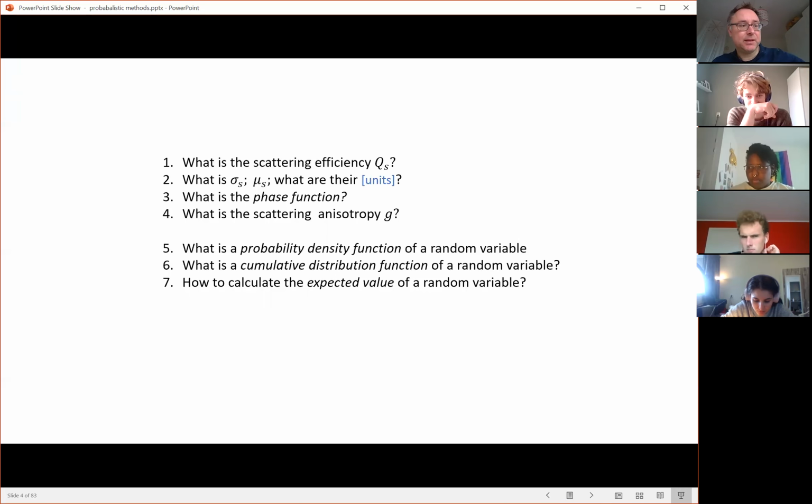Yeah, that's correct. And do you know the units? I would say squared meters. Yeah, it's an area. So the efficiency is dimensionless. That is a ratio of powers, and if you multiply that then with the geometrical cross section, you get an area. That's correct.